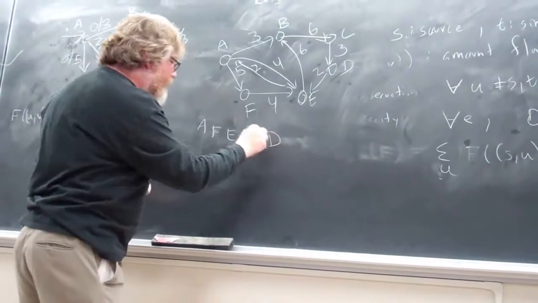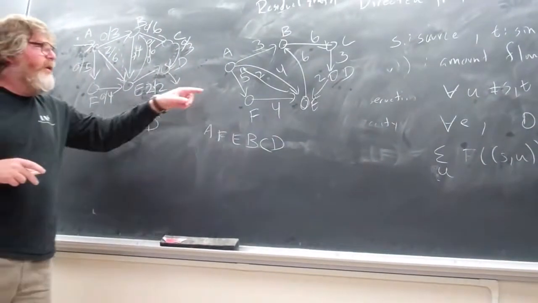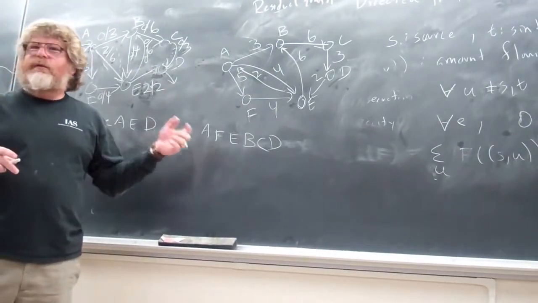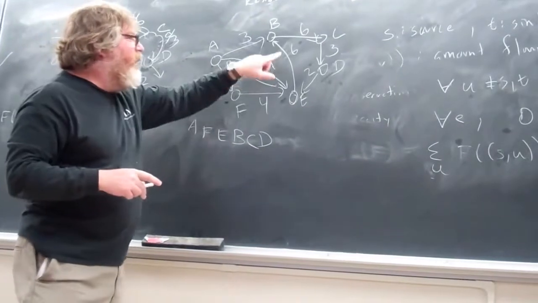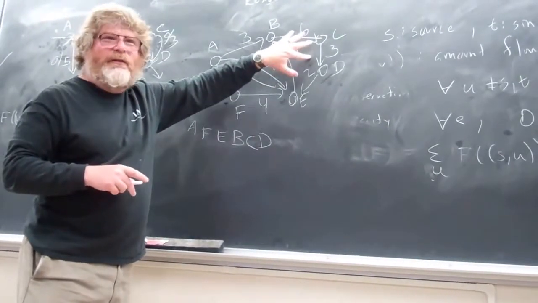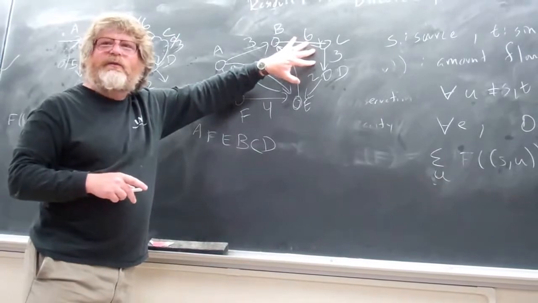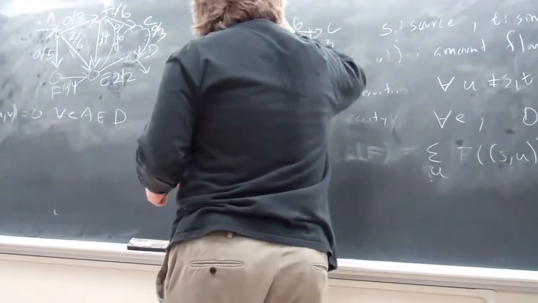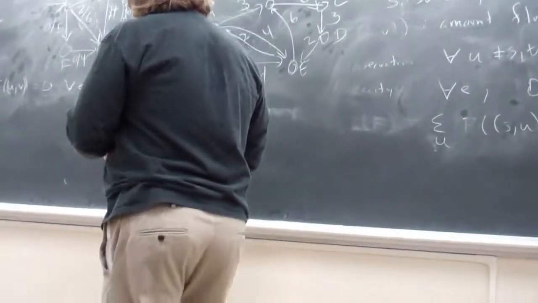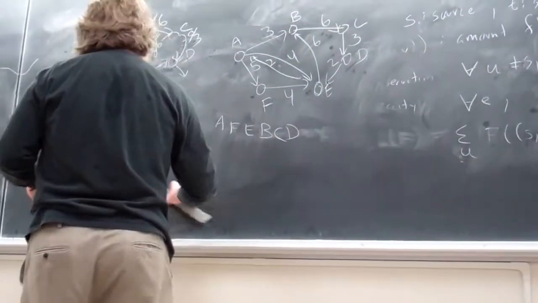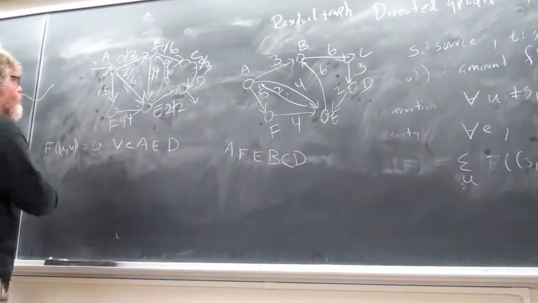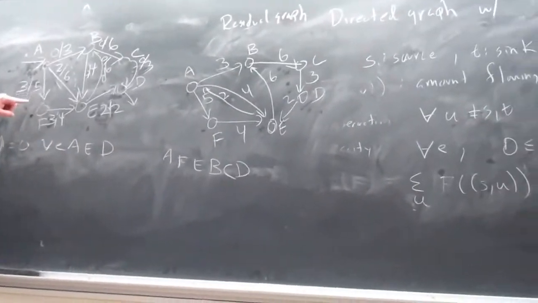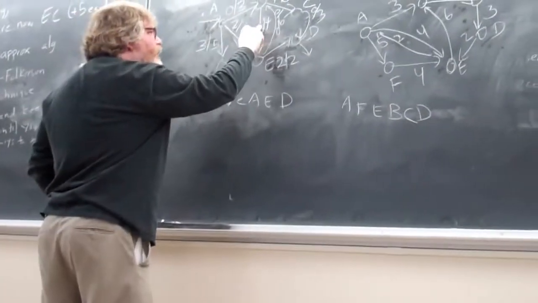B to C to D. So how much flow could we send along that path? 3. 3, because even though almost all the edges are bigger than 3, it's the minimum capacity edge that determines. Okay. So when we do that, we'll increase the flow in the original along that path by 3.